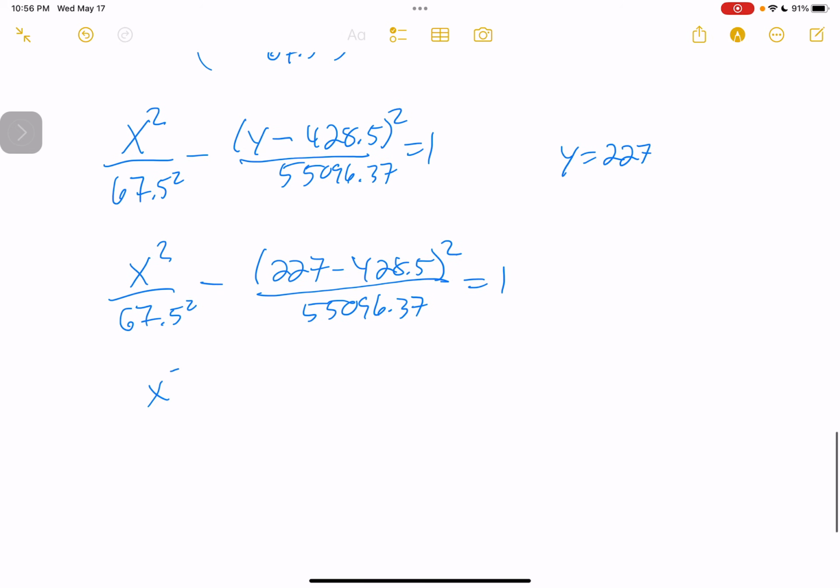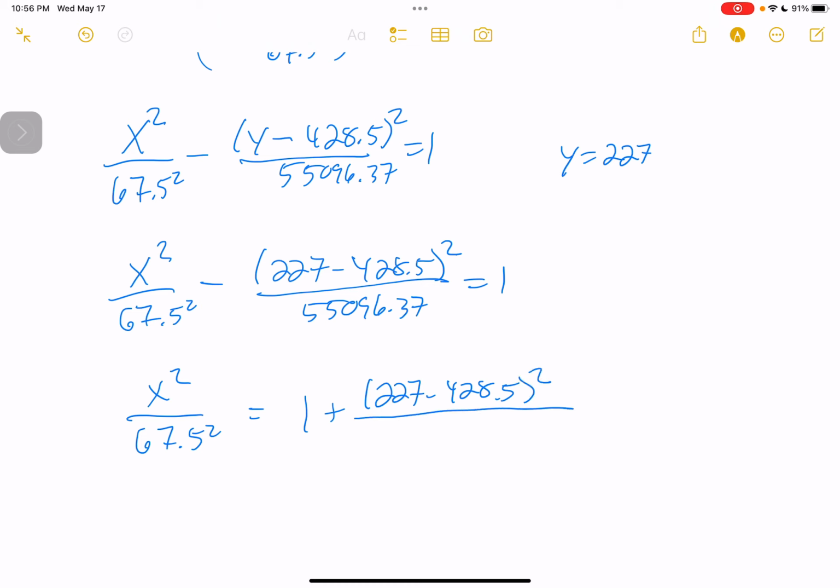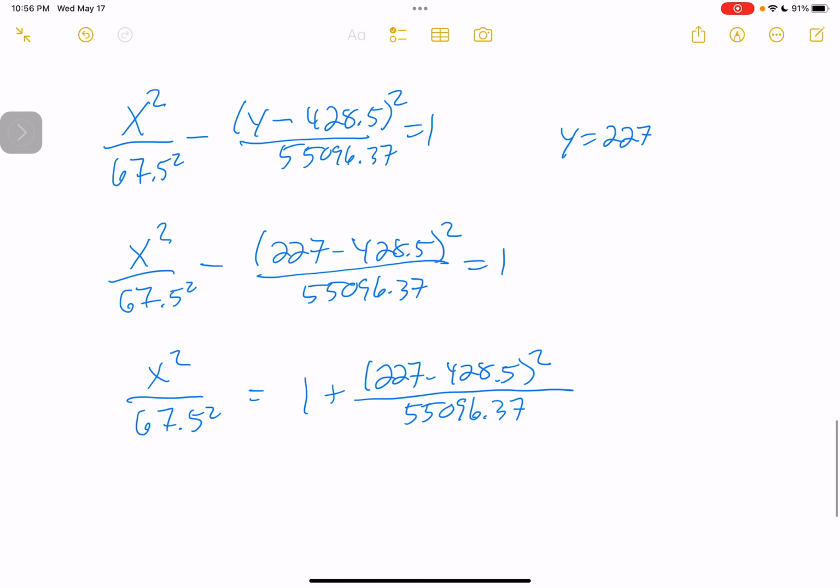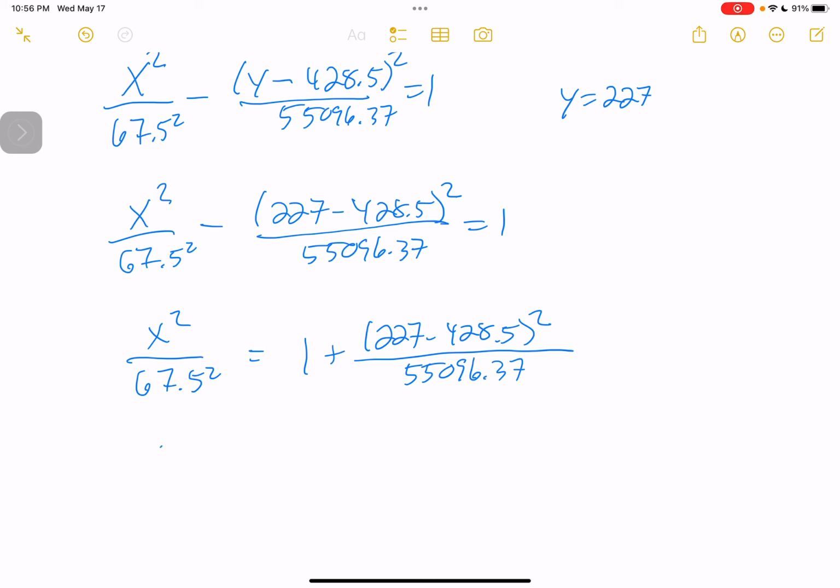So x squared over 67.5 squared equals 1 plus 227 minus 428.5 squared over 55,096.37. Then I want to multiply both sides by 67.5 squared.